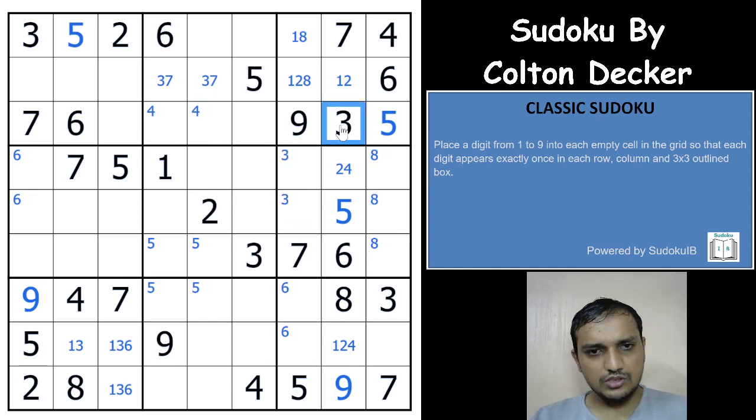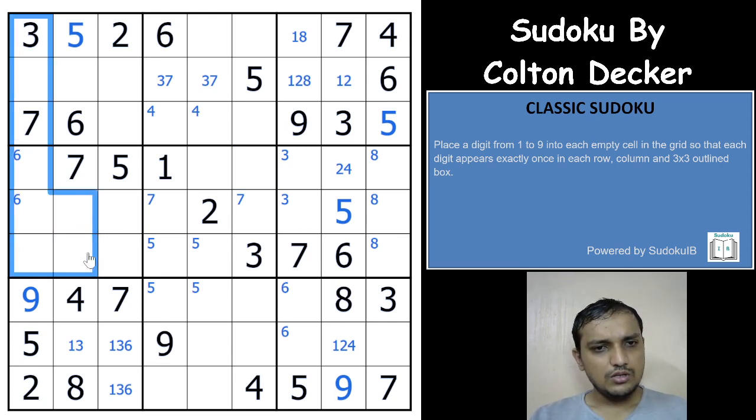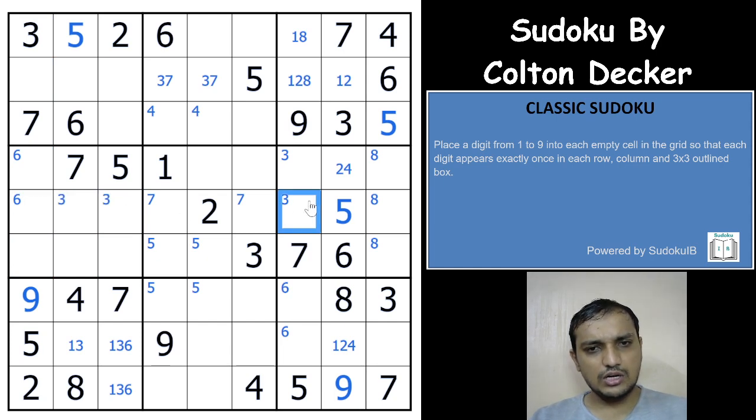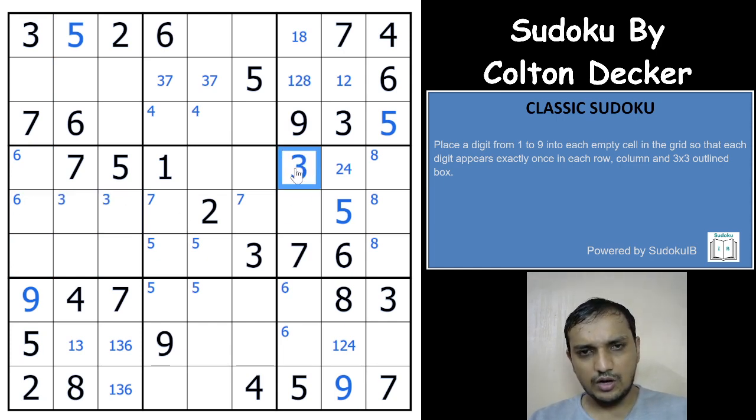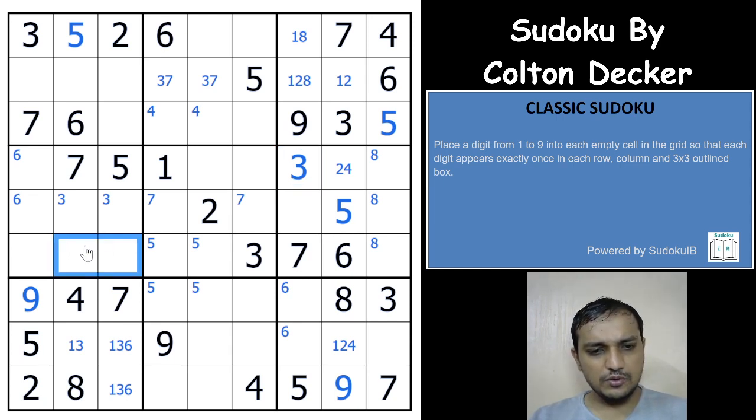Three is in one of these two cells and 5, we get a 7 here. Three is in one of these two cells because 3 cannot be here, cannot be here, right? So 3 is in one of these two cells. That eliminates 3 from this cell, and this cell will have to be a 3. Same way 2 would have to be in one of these two cells.